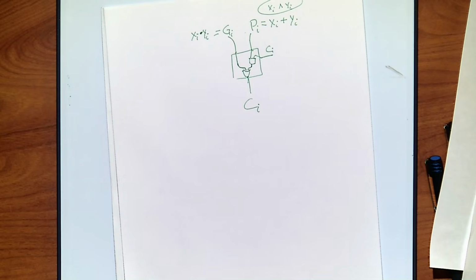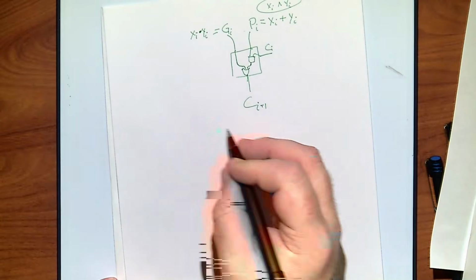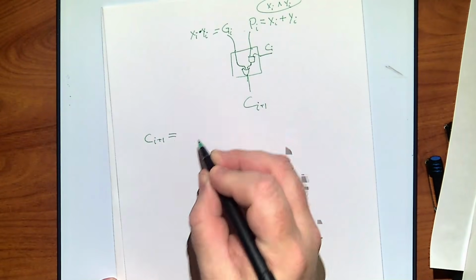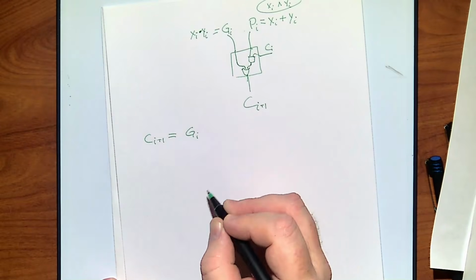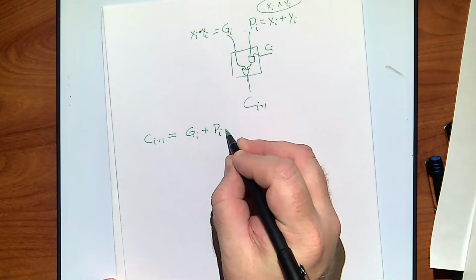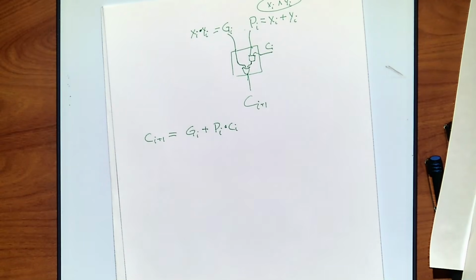Which one is the CI? Right, so this is CI plus one, my bad. So CI plus one is generate from I, or propagate from I and CI.